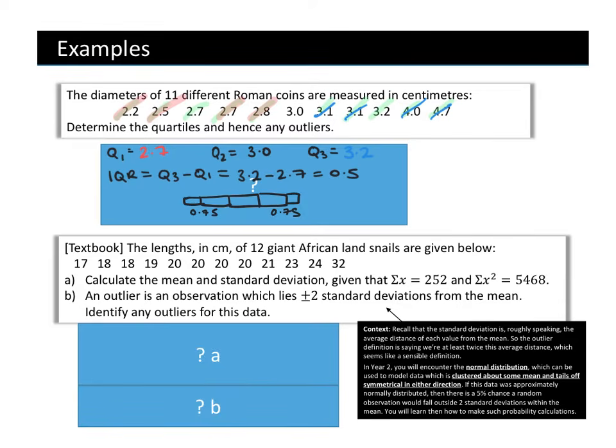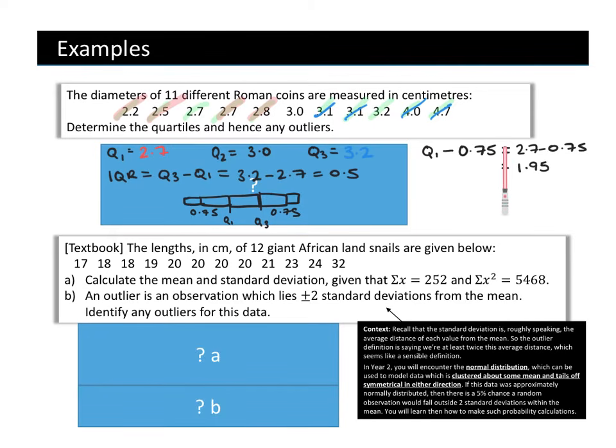But anyway, what we now have to do is, remember, this here is our lower quartile, quartile 1. This here is our upper quartile, quartile 3. Our lower quartile, take away 1.5 times the interquartile range, which we know is 0.75. What does this give me? 2.7 minus 0.75, which equals 1.95.